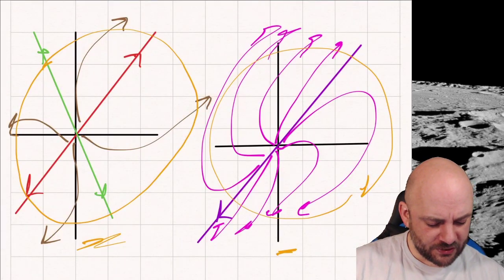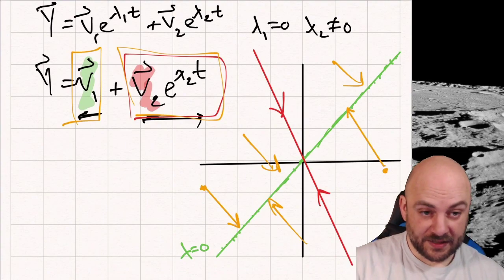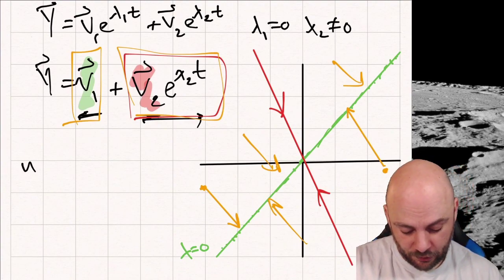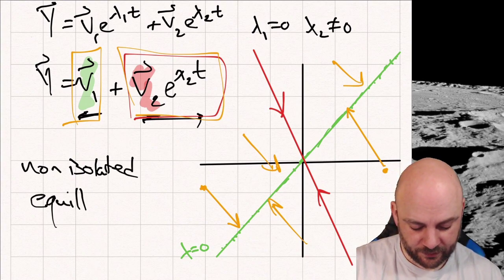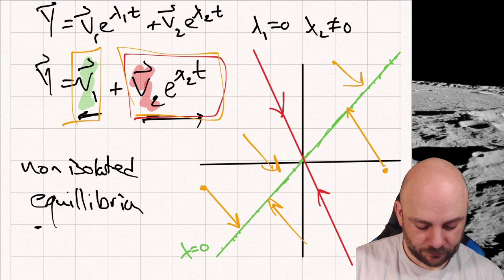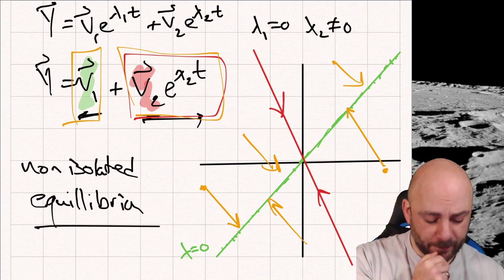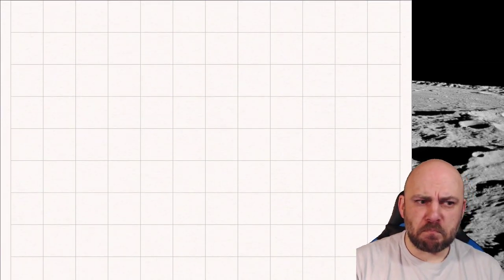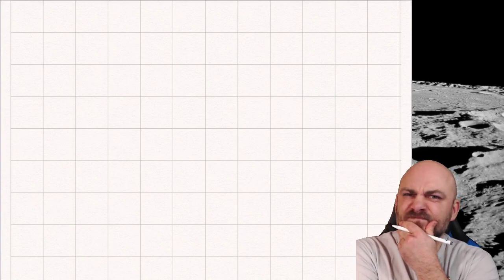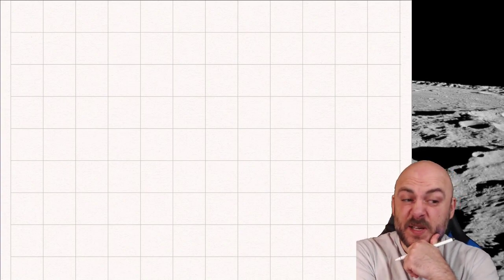And so you'll always get these straight line, non-isolated equilibria situations, right? Which we've got right here. Cool. Now, what if both of your eigenvalues are 0? Okay, we've got to think about that.